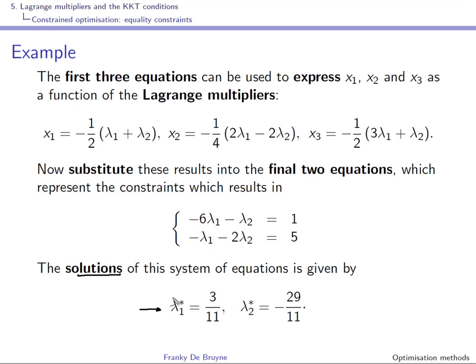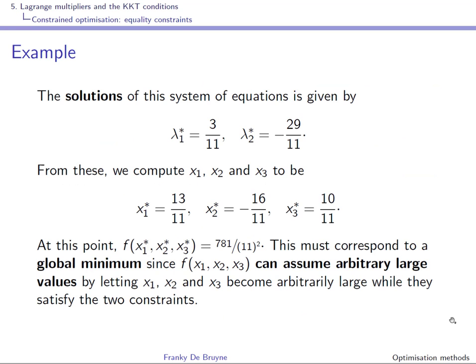So what you'll do is inject those optimal Lagrange multipliers in here, and you obtain the optimal solution in terms of x1, x2 and x3. And if you do the computations, these are the optimal solutions that you obtain. I'll leave you the calculations, and if you inject them in the cost, this is the optimal cost that you get.